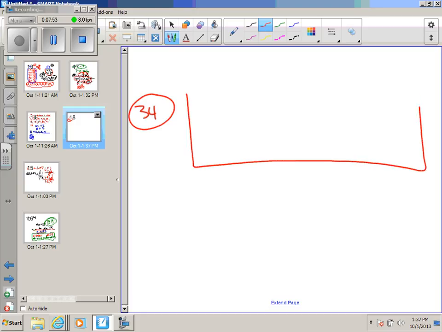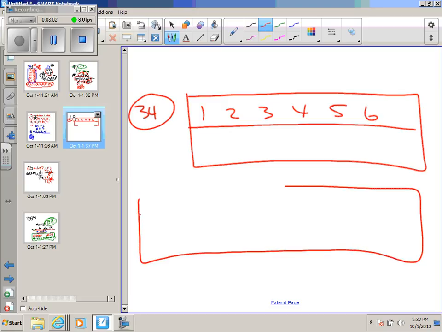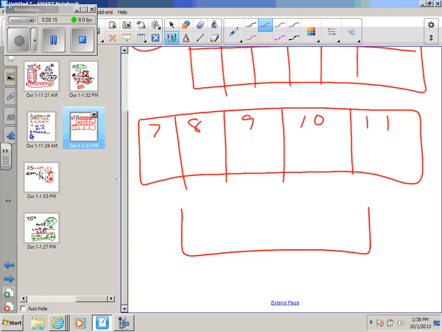If it were me, you could split it up. First week, second, third, fourth, fifth, sixth, 7th, 8th, 9th, 10th, 11th. And then we got to get 12th through 15th.